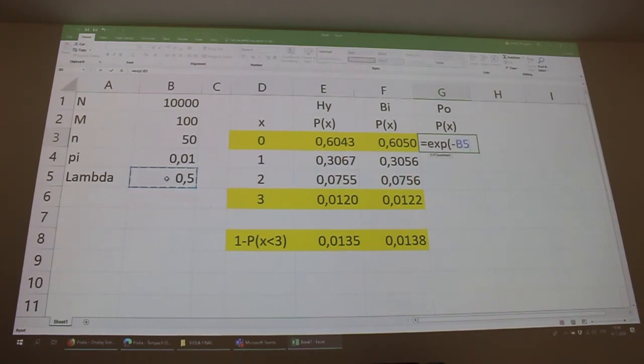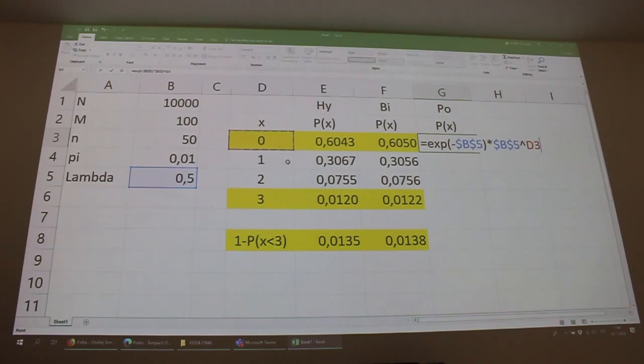This is a parameter, so you must use the function for it. So this is exponent powered by minus lambda, times lambda powered by x. Where is the lambda? Here is lambda, with the power function, powered by x. X is the variable, so don't use dollars here.